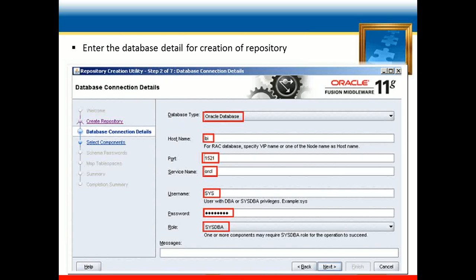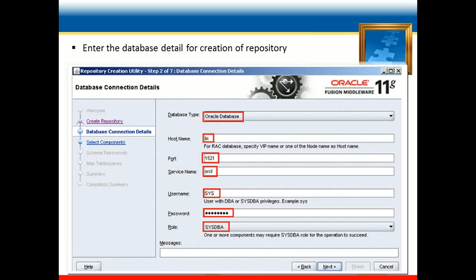Then the screen is for the creation of repository database details. So here we can give the database type, host name, port of the database, service name, username, password, and role for the schemas. So we have to give the database type. I just mentioned in the screen Oracle database.